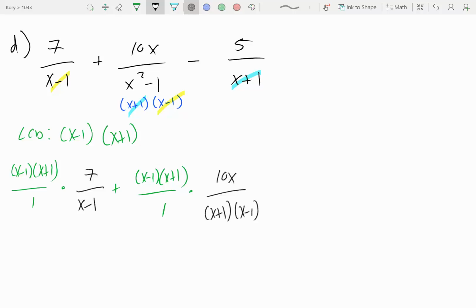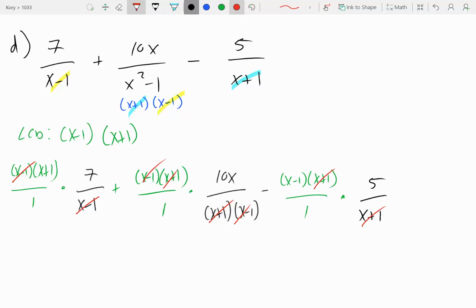As you see, I put the factored form in. You always put the factored form in when you're working with stuff. And that's minus our LCD, (x minus 1)(x plus 1) over 1 times 5 over x plus 1. Now we're going to cancel stuff out that is identical.